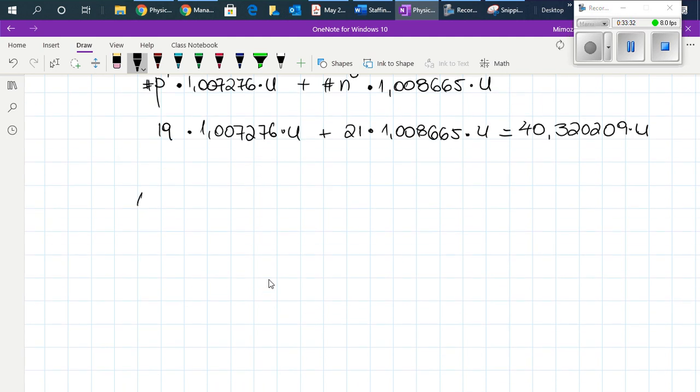Now, the mass defect will be the theoretical mass minus the measured mass.